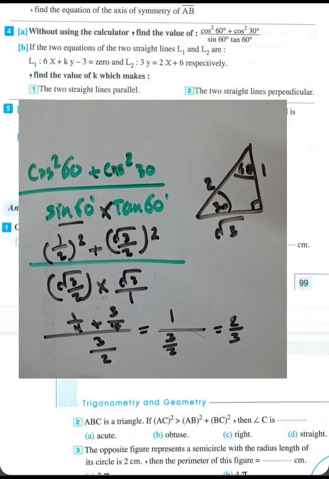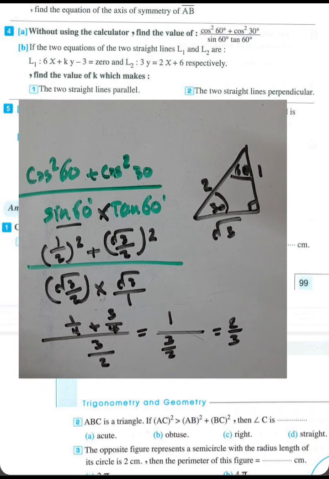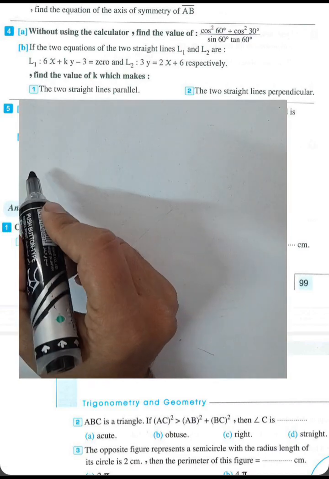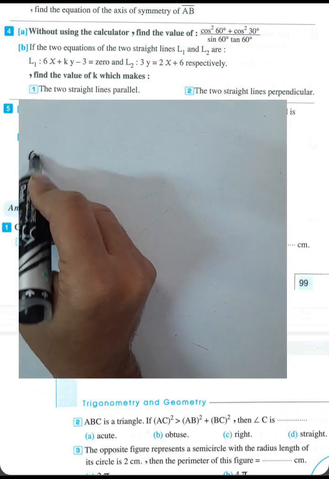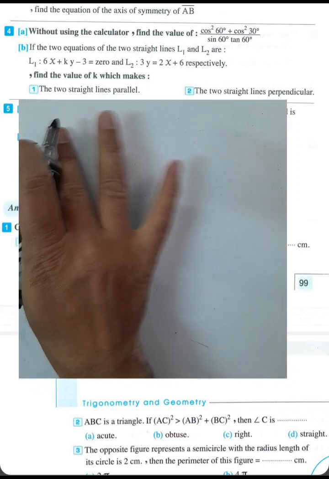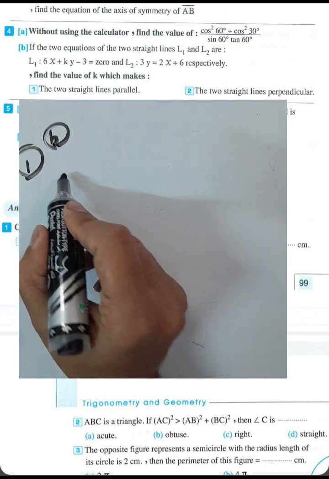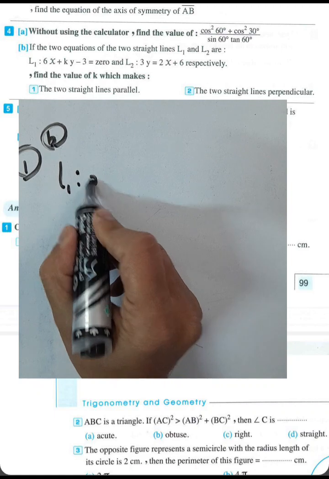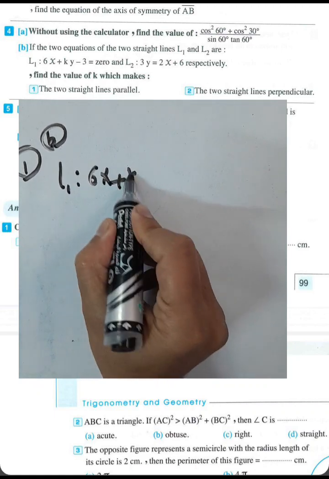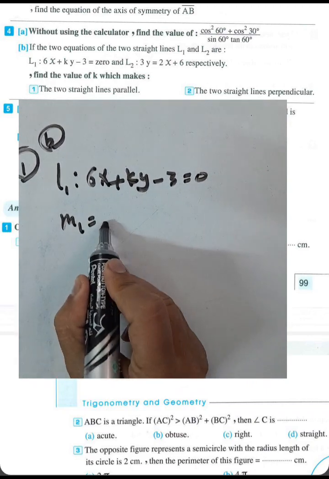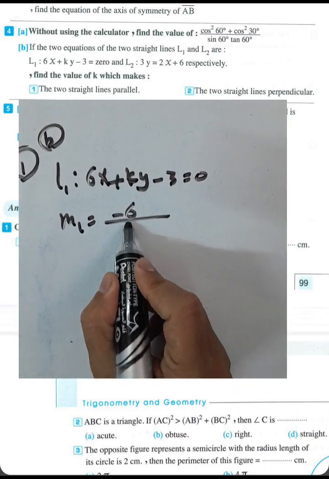Question letter B. We have here two straight lines L1, L2, and it tells us to find the unknown value of k if the two straight lines are parallel, and if the two straight lines are perpendicular. First, we find the slope of L1: 6x plus ky minus 3 equals 0. The slope is negative coefficient of x over coefficient of y.